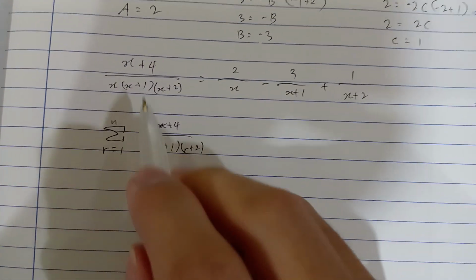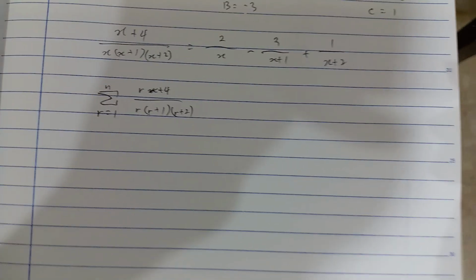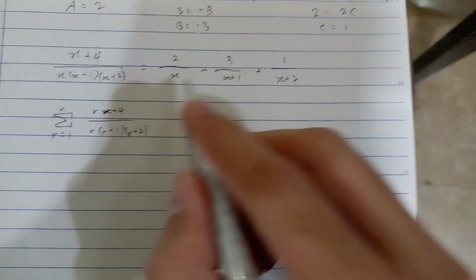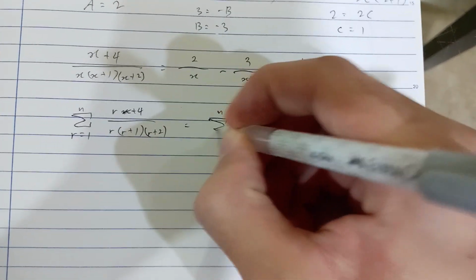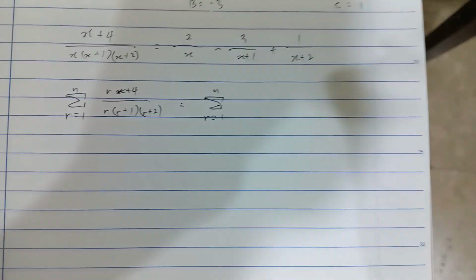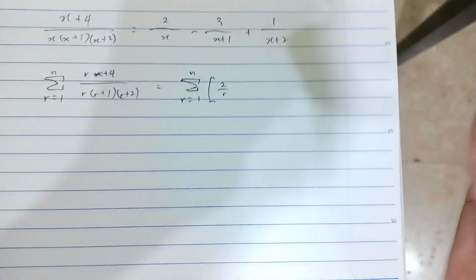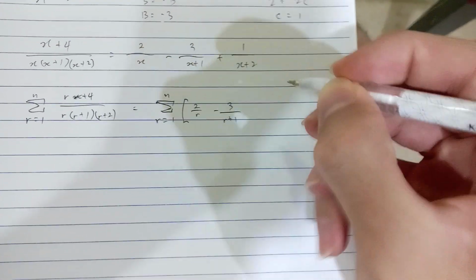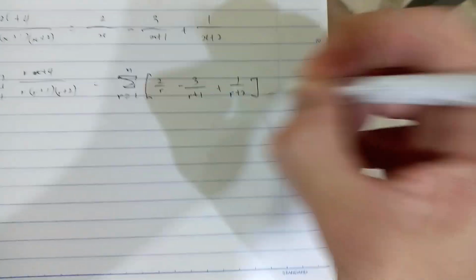You change all the x into r's, because I've written r here. And then you simplify this into your partial fractions, so it equals the sum from r equals 1 to n of 2 over r minus 3 over r plus 1 plus 1 over r plus 2.